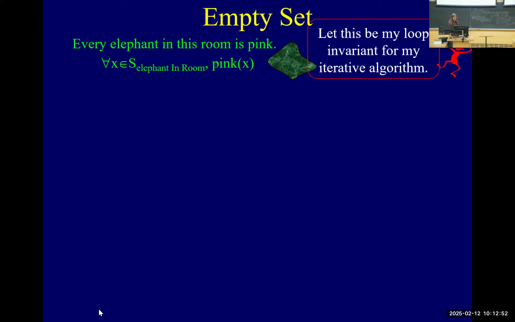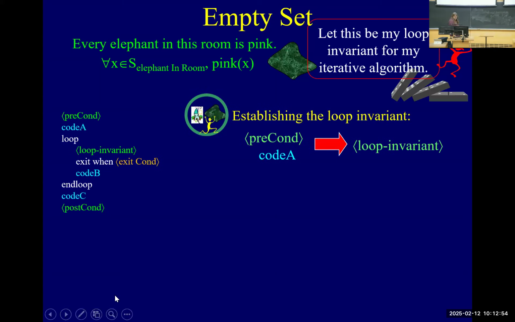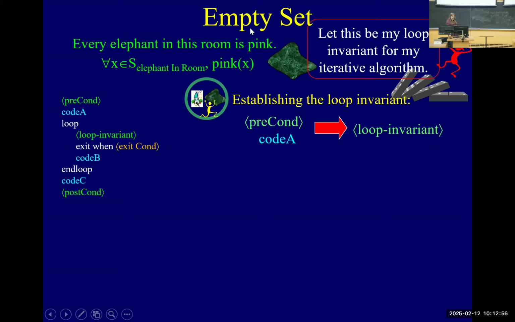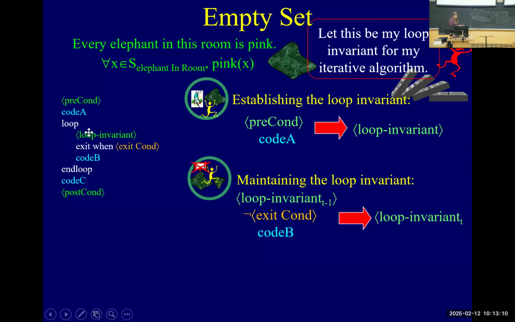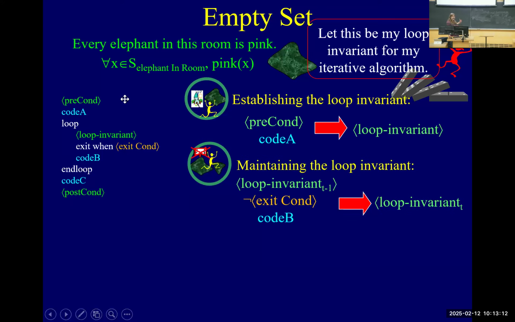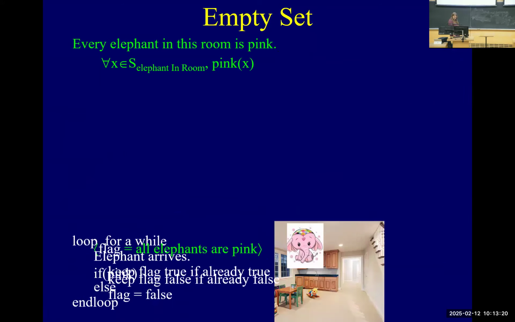How do you do loop invariance? Somehow you have to establish the loop invariant at the beginning. If the precondition's true, you've got an input that you like and you do this code, then we can establish the loop invariant. And how do you maintain it? If the loop invariant's true and you do this code and you're not exiting, you can maintain the loop invariant. And then you get the postcondition.